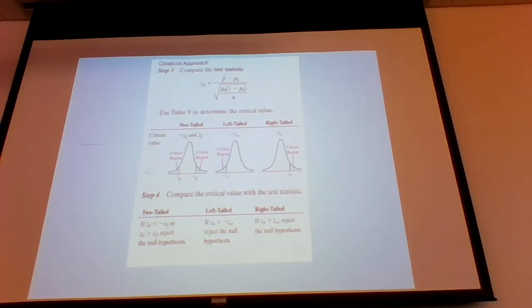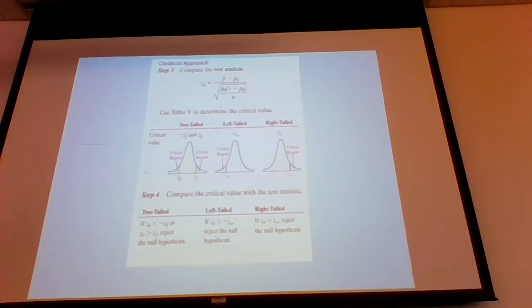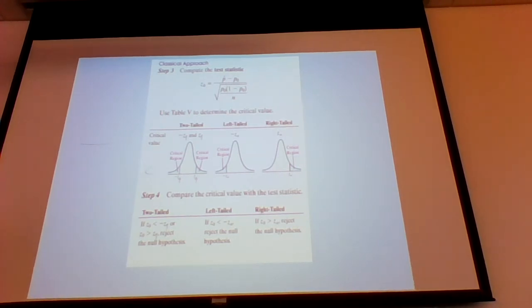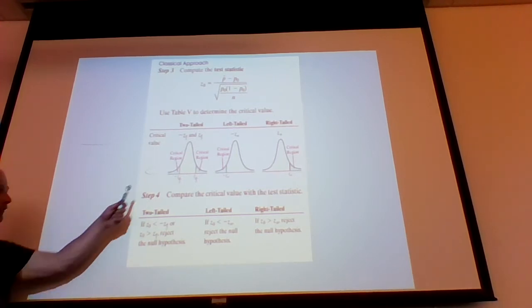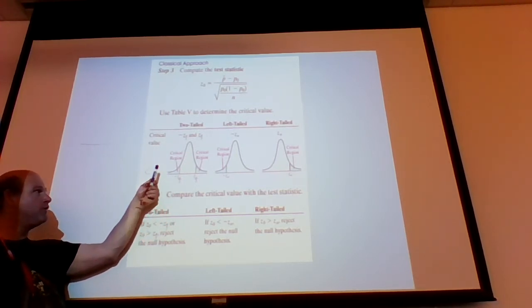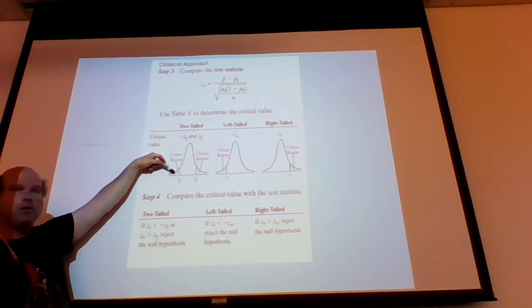Well, you're not really rejecting a region, it depends on what you get on your Z. Okay, well, be careful. What are you rejecting? Are you rejecting regions or hypotheses? Hypothesis. That's really important. So the hypothesis that you're going to reject is either going to be one of those tails. Let's say it was two-tailed, you would reject the hypothesis if this value is in here or in here.